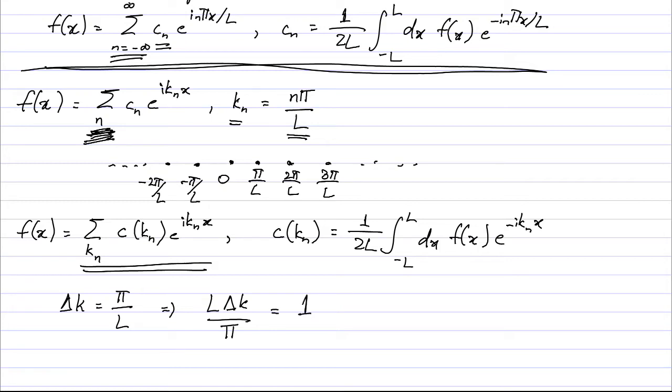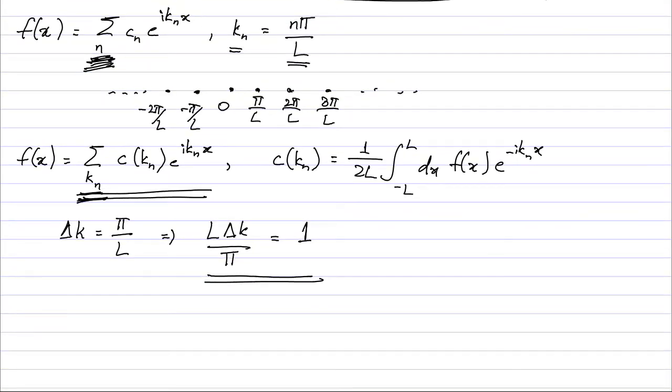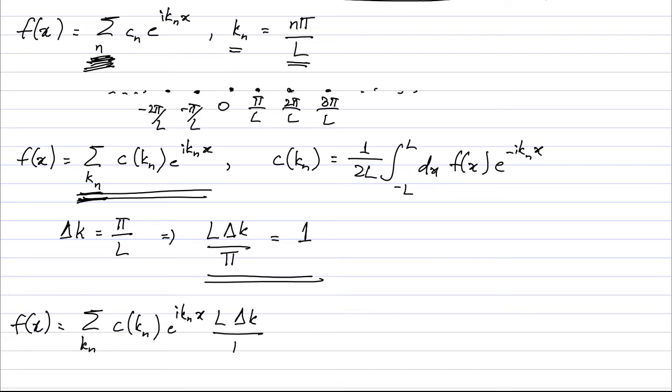I am doing this because, to convert this sum to an integral over k, I need to have delta k appearing somewhere. So then this sum I replace by an integral sign, and delta k I replace by dk. Now since this is an identity, I can insert it over here: c of k_n e raised to the power i k_n x times L delta k over pi.